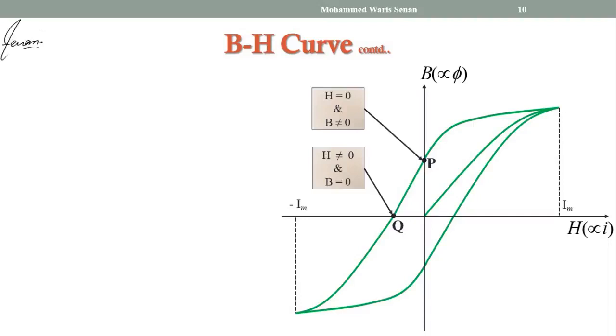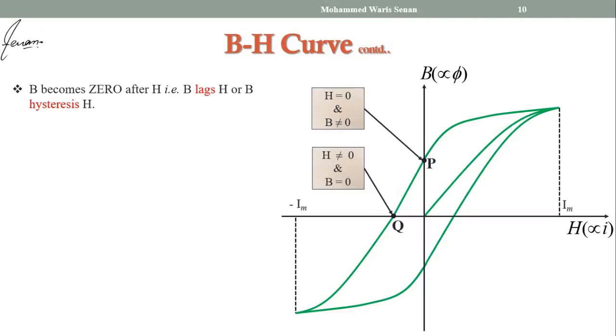If some quantity gets to 0 after some other quantity, we can say the quantity which gets to 0 later is lagging the quantity which gets to 0 before it. So in this case B becomes 0 after H, so B lags H, or we can say B hysteresis H. Hysteresis is a Greek word which means to lag behind.